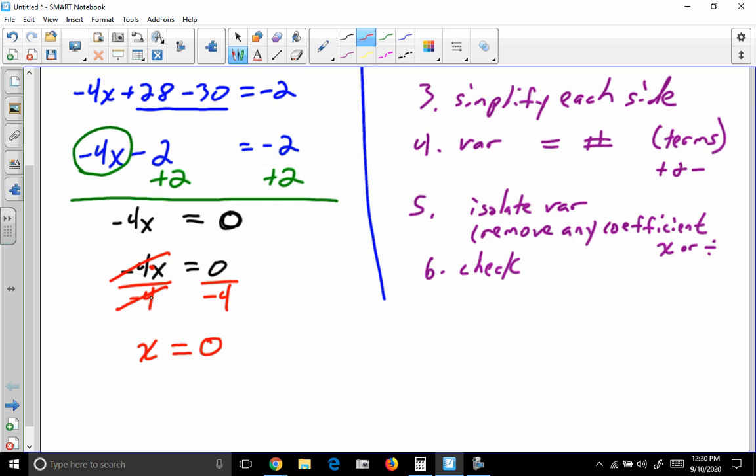Remember, anything divided by itself makes 1, whether it's 2 over 2, 5 over 5, 7 over 7, whatever divided by itself makes 1. So 1x, or x, equals 0. And then, of course, it would be a good idea to go back and check.